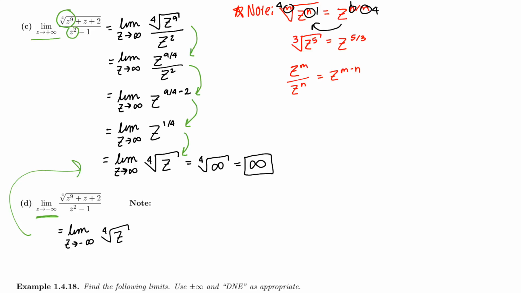The problem is that if you do infinity to the 1/4, this will come out to be infinity. But if you do negative infinity to the 1/4, you have a problem. What you're going to see down here is that I'm trying to take the fourth root of negative infinity, but I can't take an even root of a negative number.